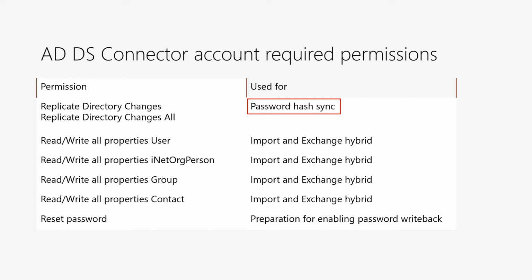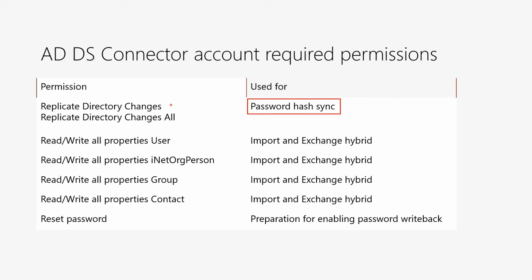So after synchronization, not only the user itself will be created in the cloud, but the user password hash will be stored in the cloud as well. It's the recommended disaster recovery option, because if you lose connectivity between your on-premises and the cloud, users will be able to log into the cloud using the stored hashes. That's one of the benefits of password hash sync.